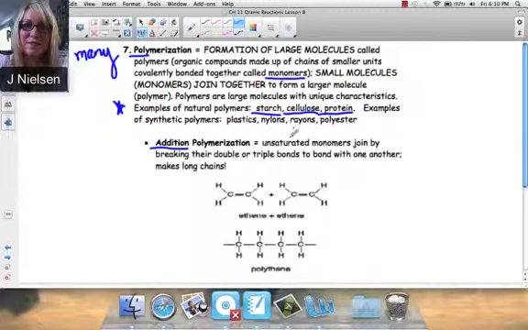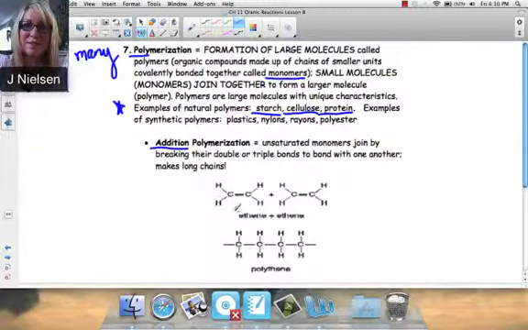And how we make the polymer is by taking a whole bunch of monomers and breaking that double bond. It's hard to see this, but this was a double bond here. We take that double bond and we break it, and we then link them together. Because look what happens when I break this.